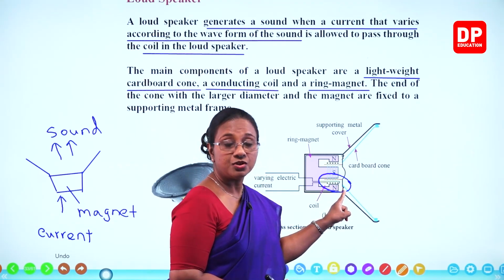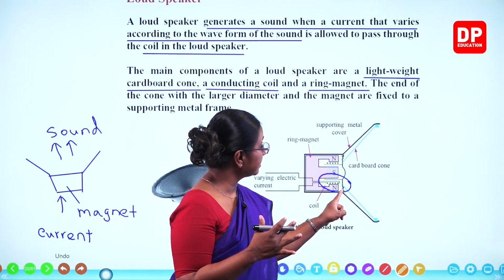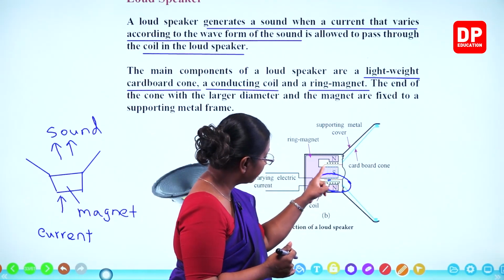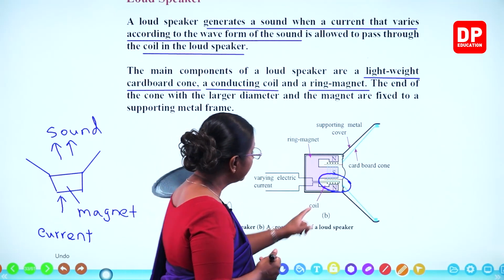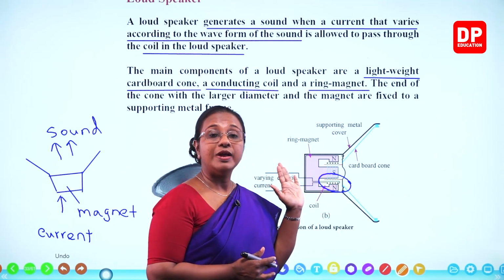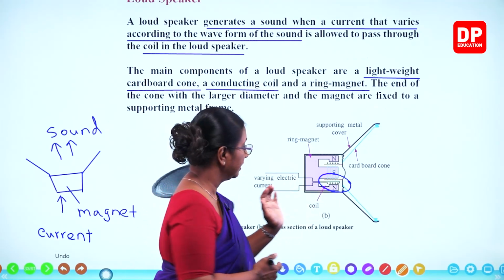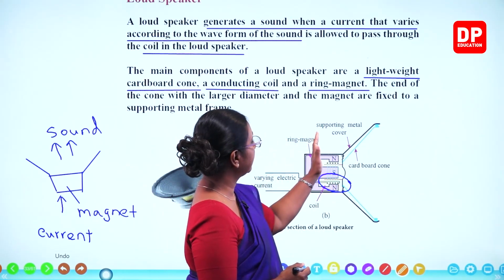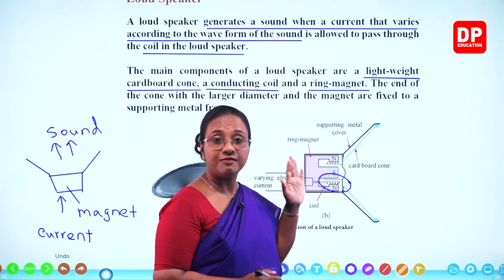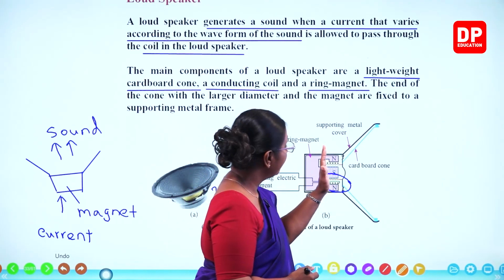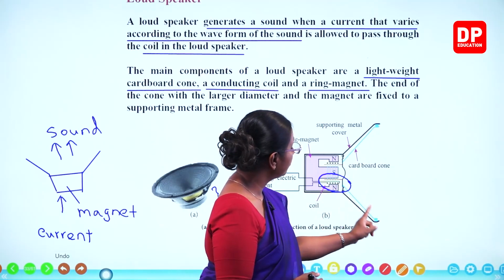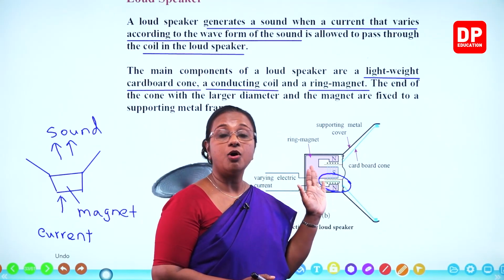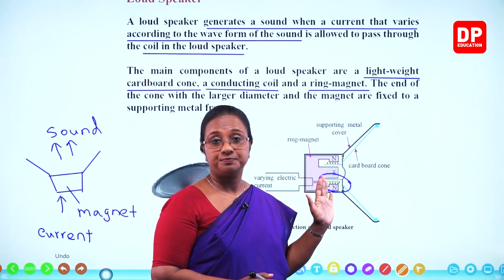That is a soft metal, supporting metal cover that is connected by these red color structures with the coil. So when the coil is vibrating, this particular structure also can vibrate. That is, the supporting metal cover can vibrate. When that vibrates, the cardboard cone that is attached to the supporting metal cover also vibrates.